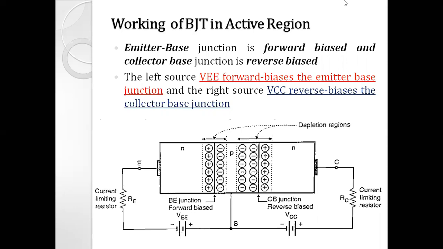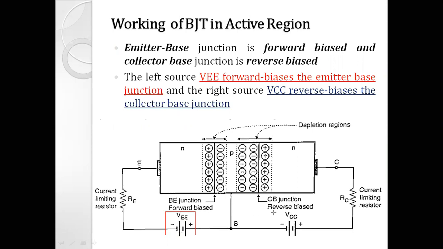In this figure, you can see that the emitter base junction is forward biased and the base collector junction is reverse biased. That means on the left side, between base and emitter terminal, we have the source VEE, where the negative terminal of VEE is connected to the emitter and the positive terminal of VEE is connected to the base terminal.